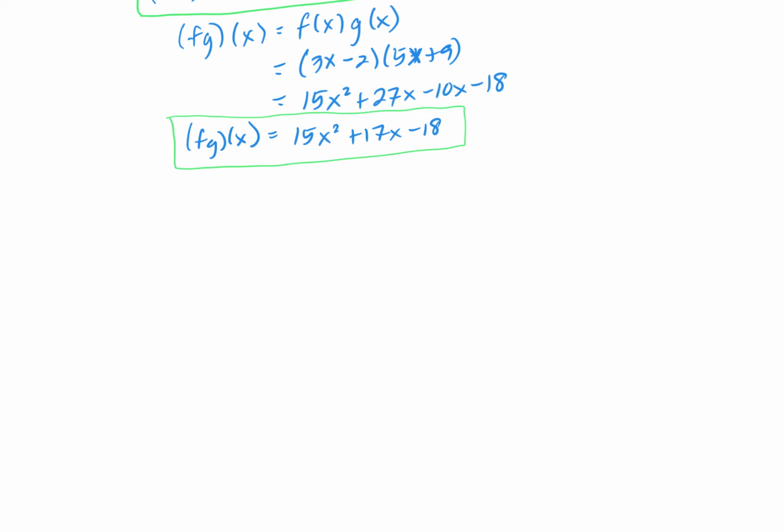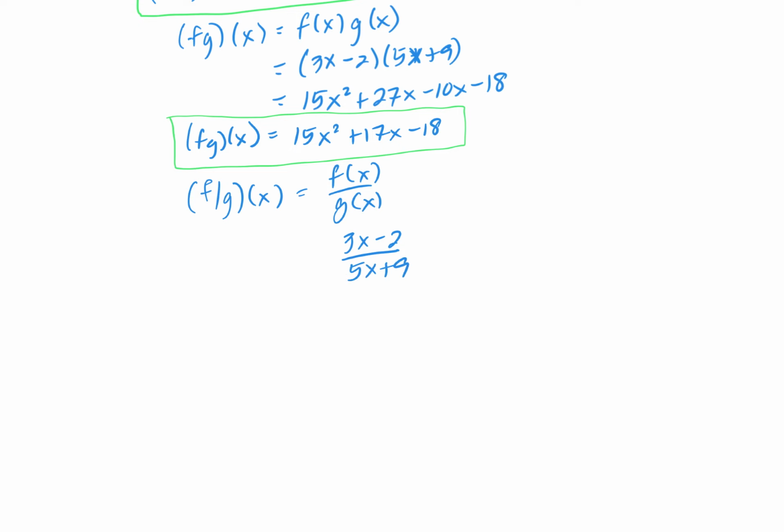Now the last one, which would be the division, f divided by g of x. That's going to be f of x divided by g of x. And here our f of x is simply 3x minus 2. G of x is 5x plus 9.